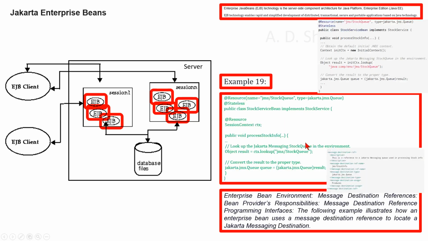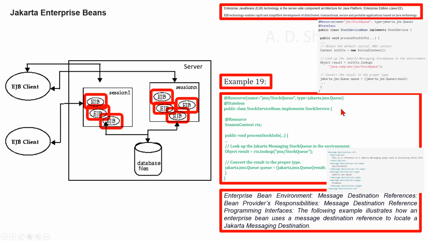Now we are considering the message destination reference programming interface in the bean provider's responsibilities, in message destination references in the enterprise bean environment. The following example illustrates how an enterprise bean uses a message destination reference to locate Jakarta Messaging destinations.